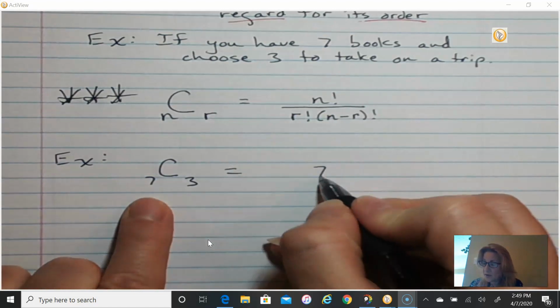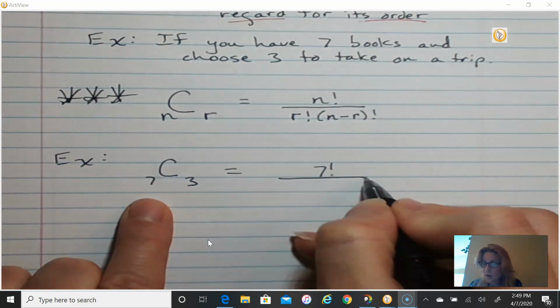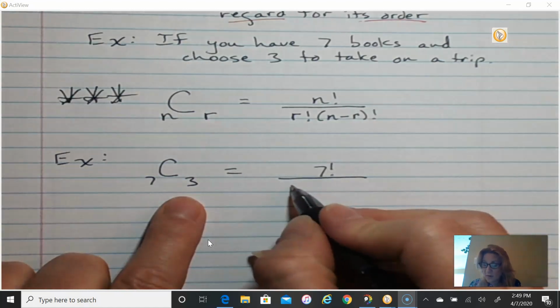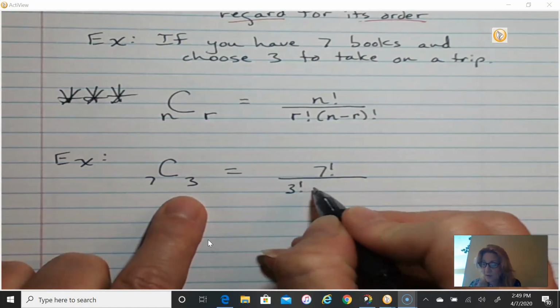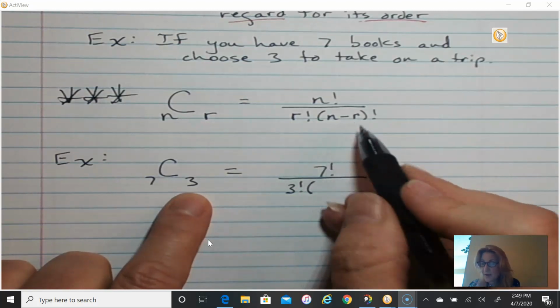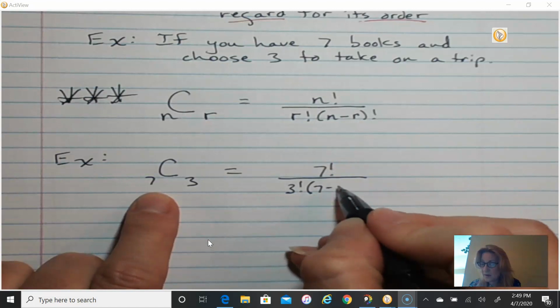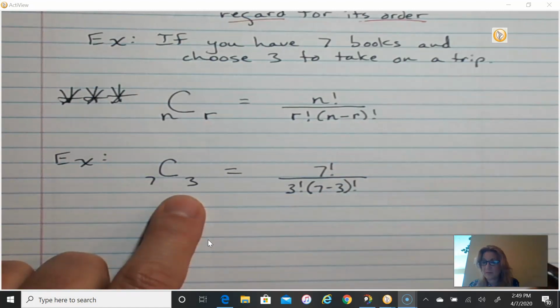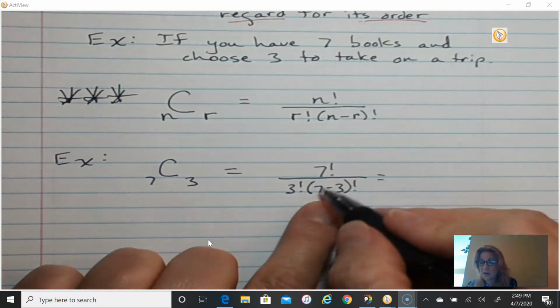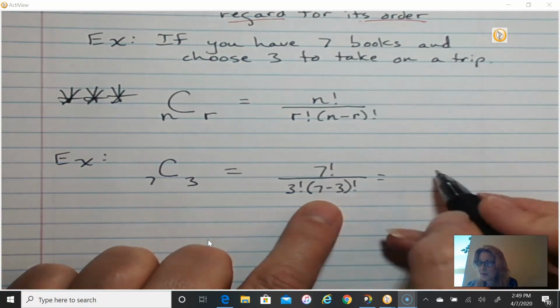N factorial, so you'd have 7 factorial over R factorial, so it's 3 factorial, because that's R, times N minus R factorial. So we start working here.